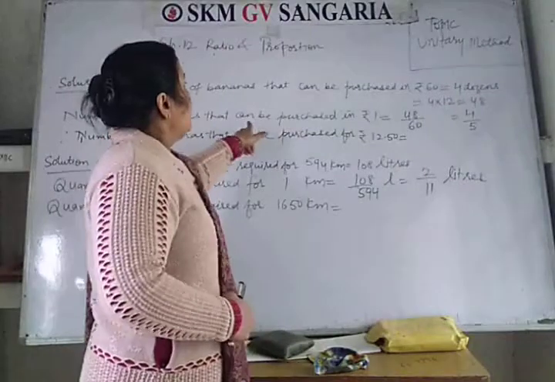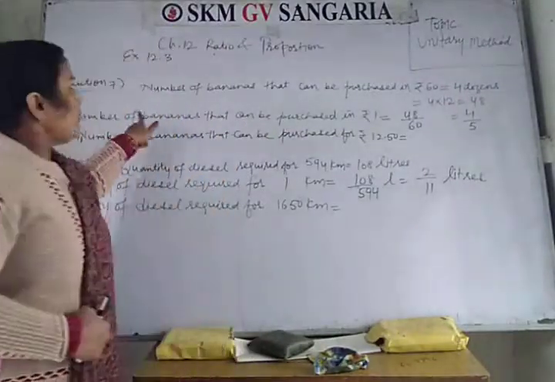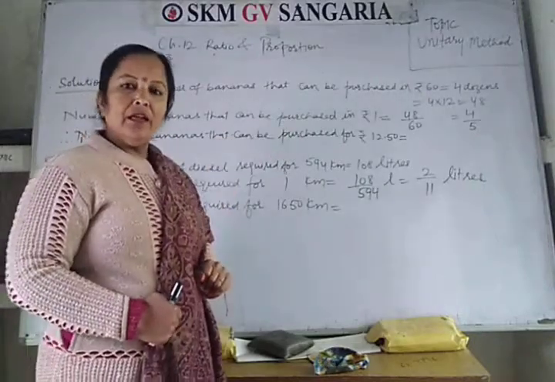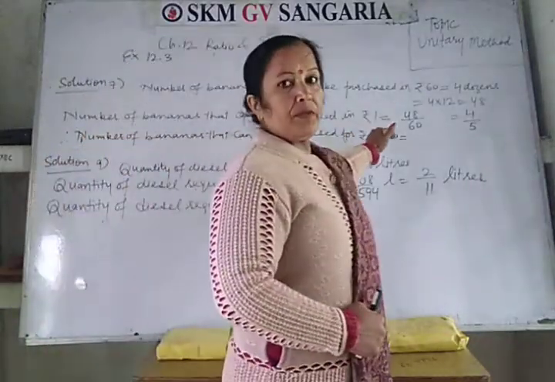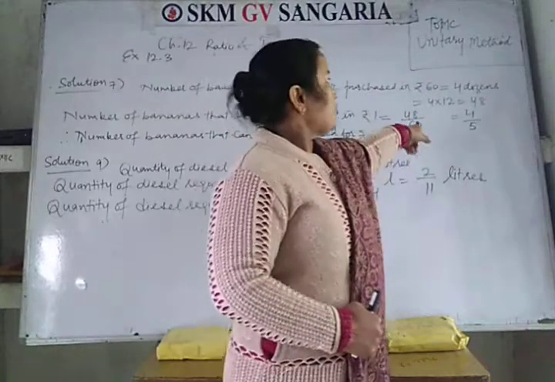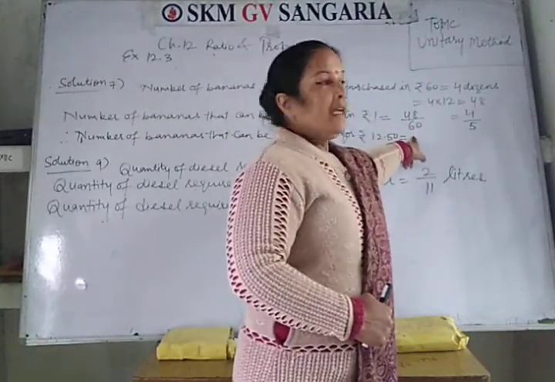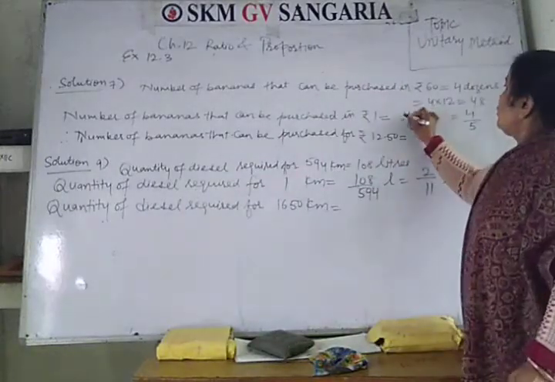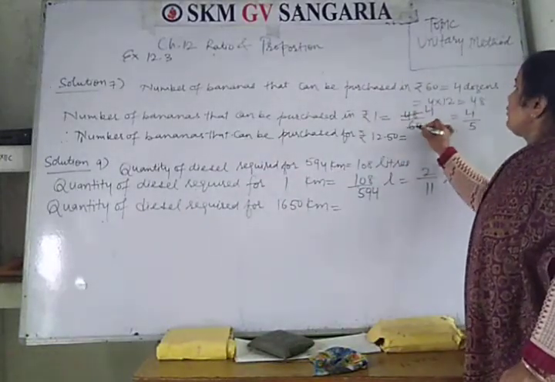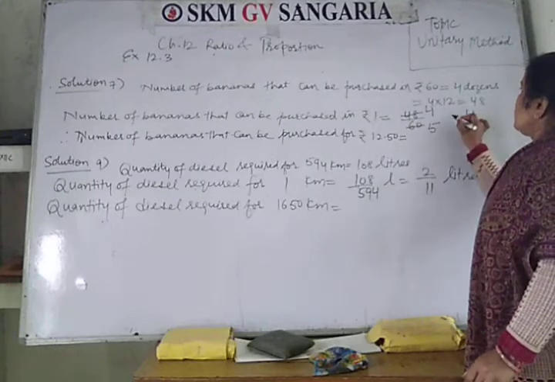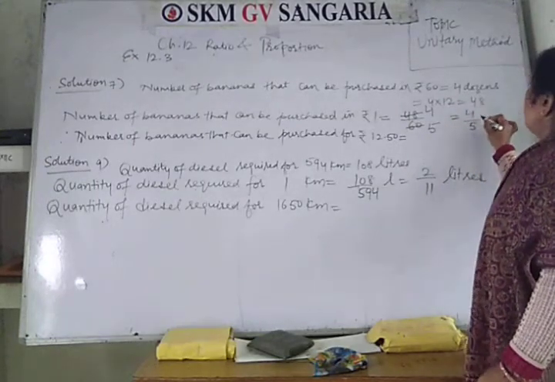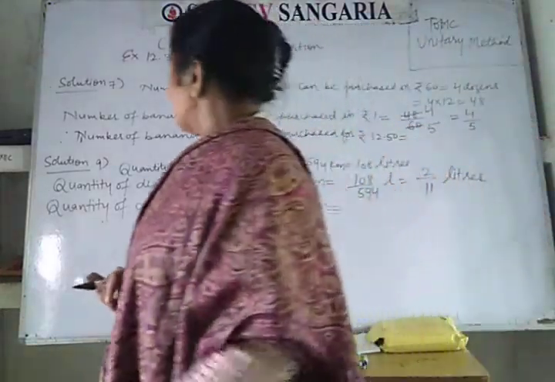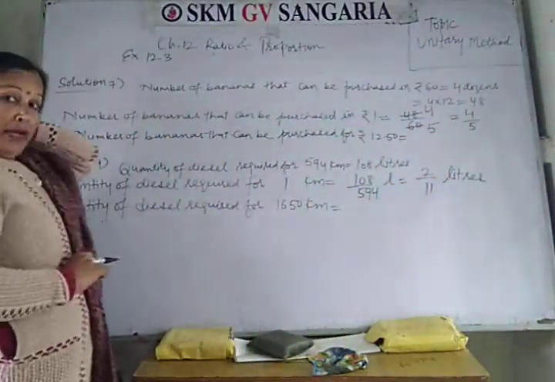When we find the number of bananas that can be purchased in rupee 1, we divide 48 by 60. 12 4s are 48, 12 5s are 60. So 4 upon 5 bananas can be purchased in rupee 1.